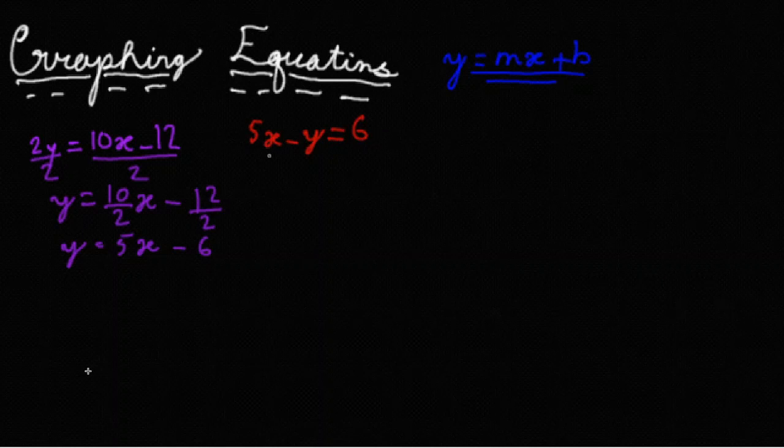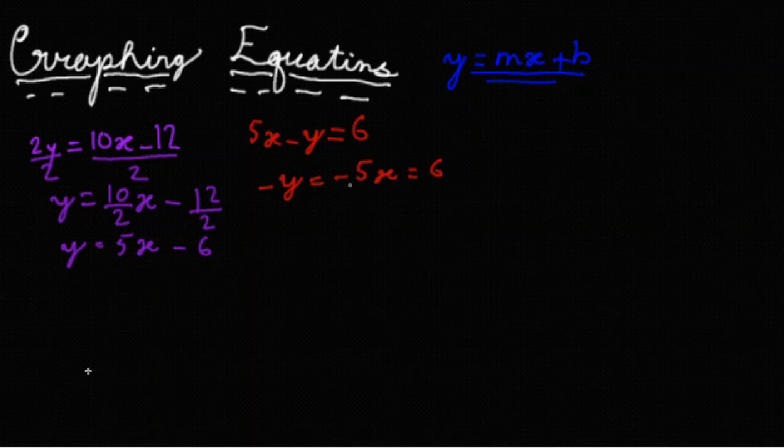So we move this 5x over here. So it's negative y equals 6, actually, equals negative 5x equals 6.